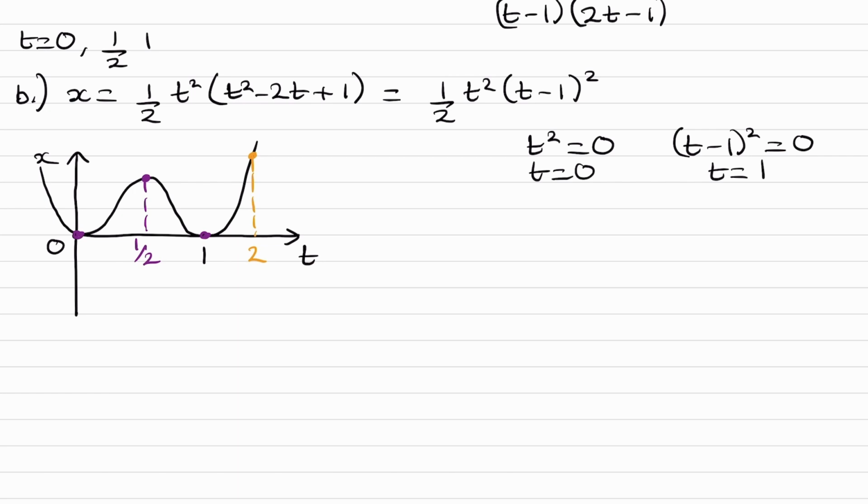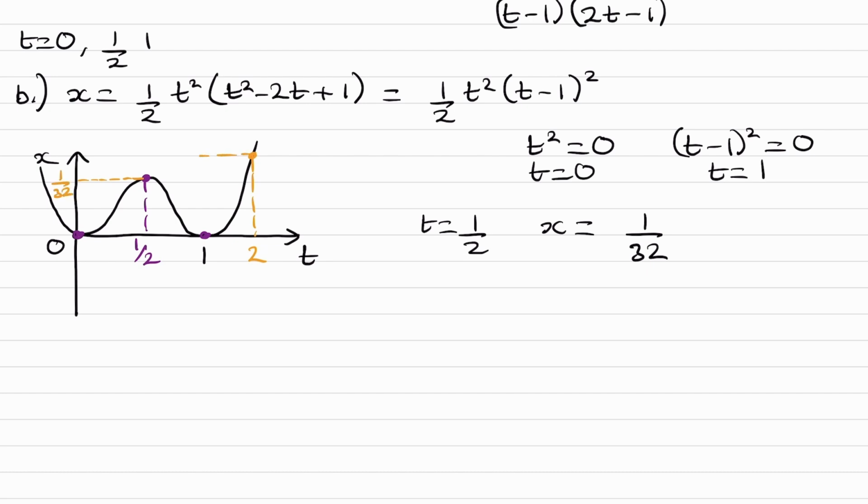So we need to work out what x is equal to when t is equal to a half. So when t is equal to a half, x is equal to, we can put that into this equation here, and we end up with 1 over 32. Okay, so then drawing that on our graph, this point here is 1 over 32.